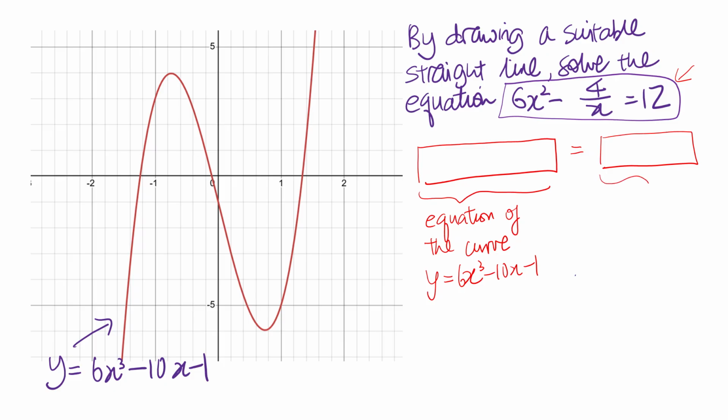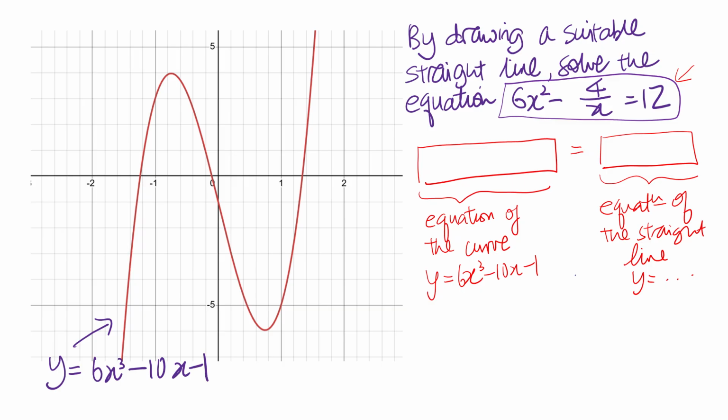And what is on the right-hand side would have to be the equation of the straight line, the suitable straight line that you need to find. y equals something. Okay? So this is what we need to do.